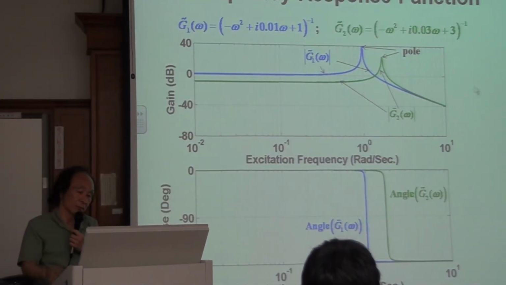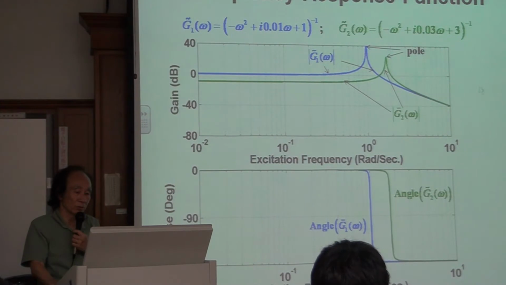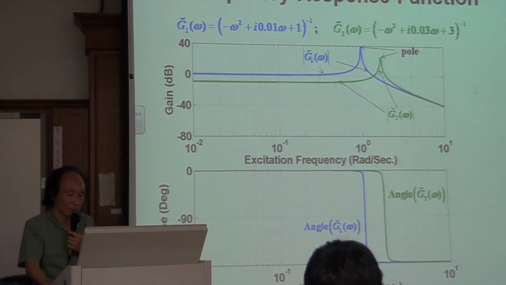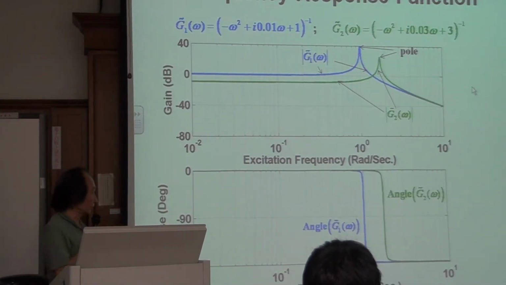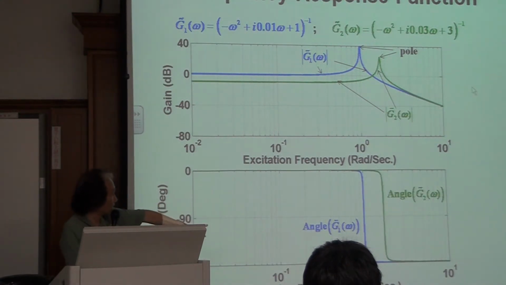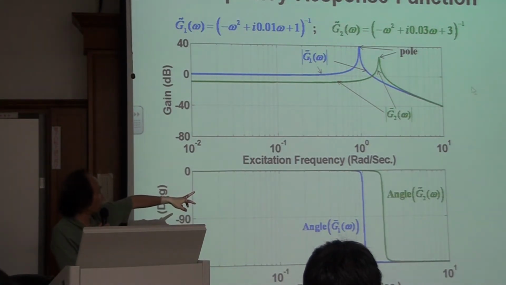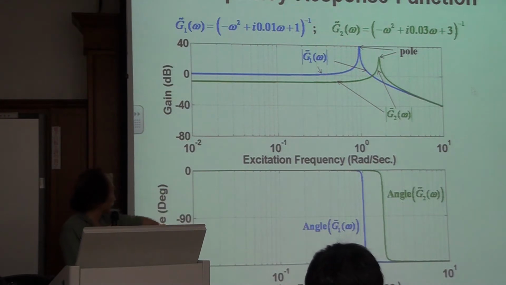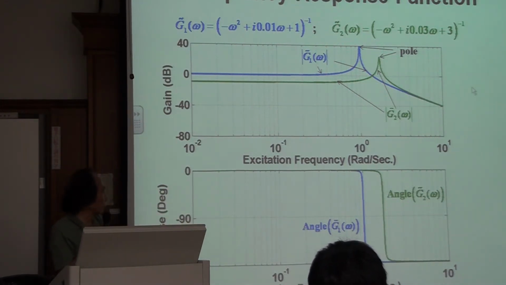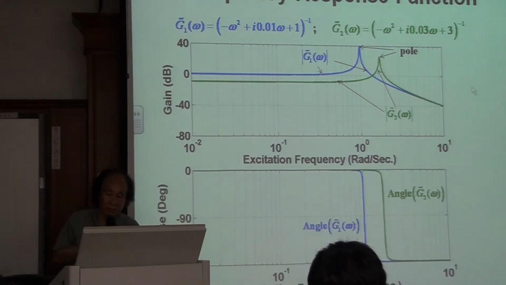But sometimes we don't want to look at only the motor coordinate frequency response functions. And your phase angle is the same thing: at the pole, the phase goes from 0 to minus 180 degrees, and another is the same thing.